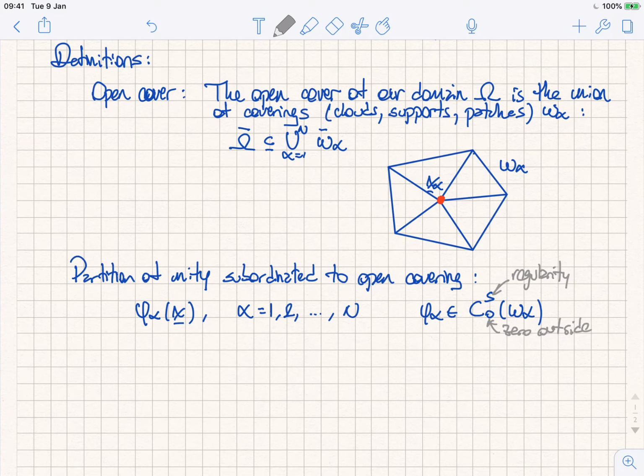And this is what allows us to really localize the effect of anything we want in that support, right? The fact that it is zero outside.